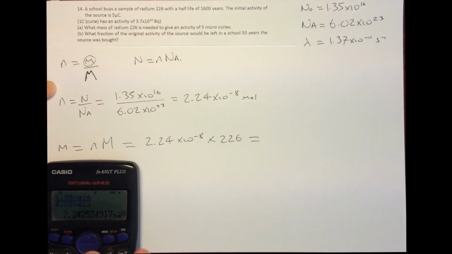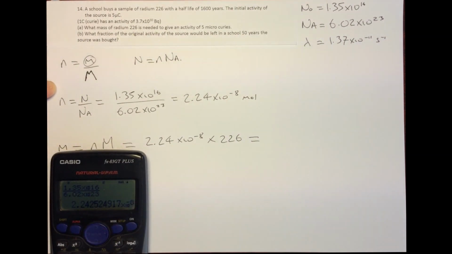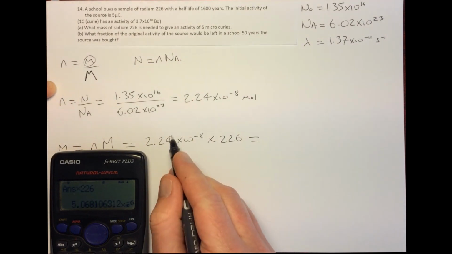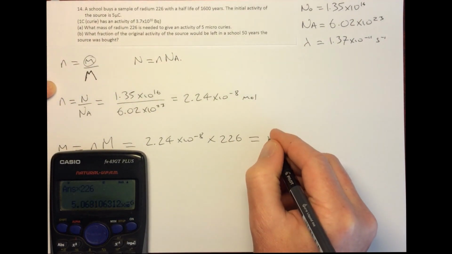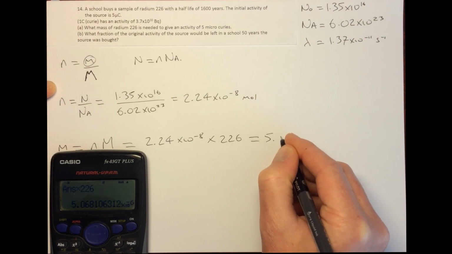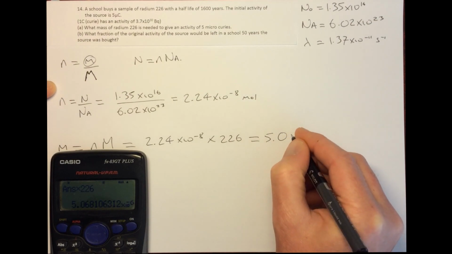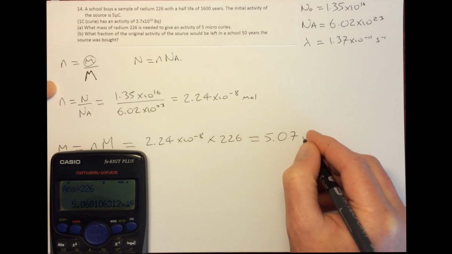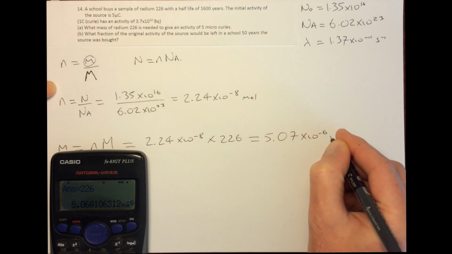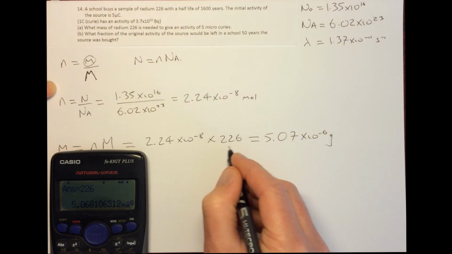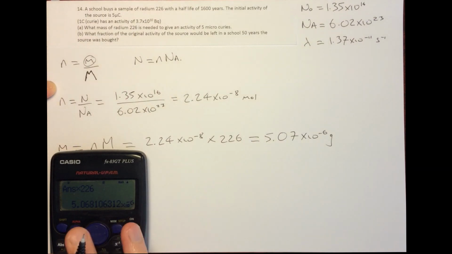So you're going to get 2.24 times 10 to the minus 8 times 226. It doesn't matter if you use the rounded value or the full value off your calculator, but you will notice it gives a slightly different answer. In this case, we've come out with 5.07 times 10 to the minus 6, and remember, that's in grams because the molar mass is in grams per mole.